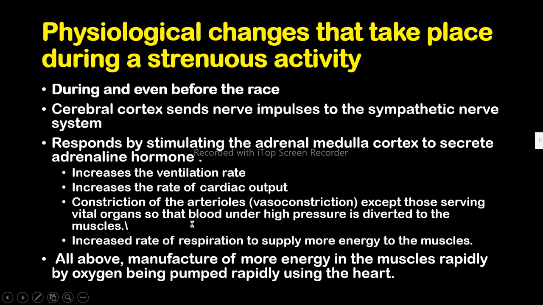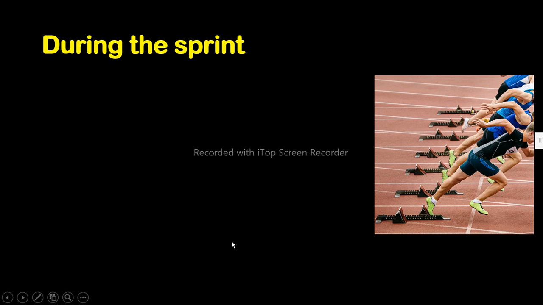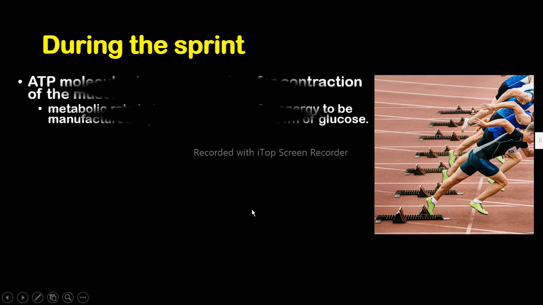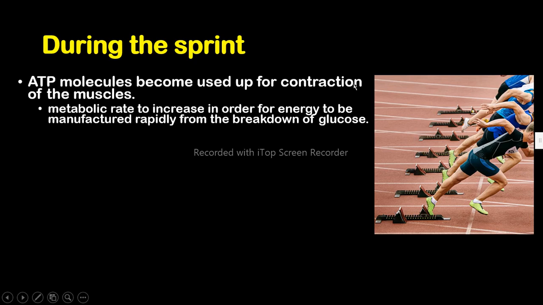For instance, let's talk about the sprinters, the Bolts. These are the sprinters, running a 100-meter race. They are not the same as those people who run a marathon. The two are different. So for the sprinters, the ATP molecules become used for contraction of muscles in the process of sprinting. Obviously, we saw the above. You have to be adapted, and you produce ATP.